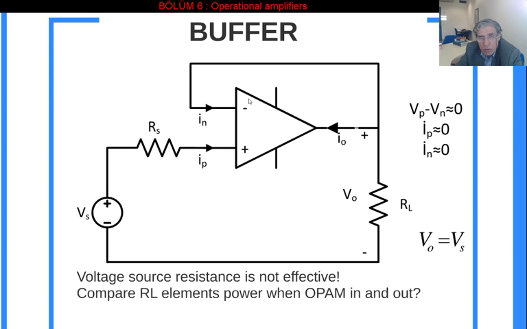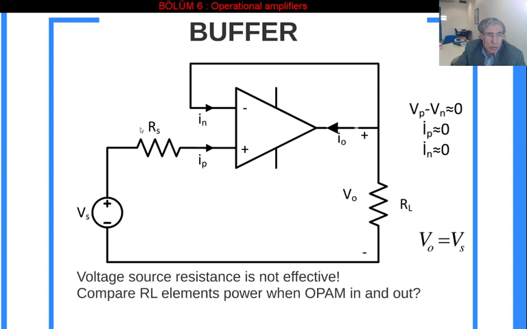If you don't use this operational amplifier, the current was going to be Vs over RL plus Rs. So depending on the Rs value, your current is going to change here. But what we are seeing here, this becomes independent from Rs. That means your V0 here, or V output here, behaves as an independent voltage source.